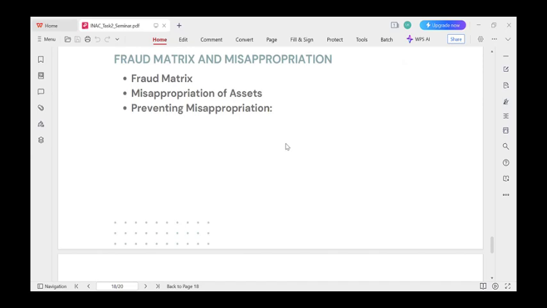Then what we are going to do is assess the risk. Let me write down the procedure. Identify the fraud. Then we are going to assess risk.